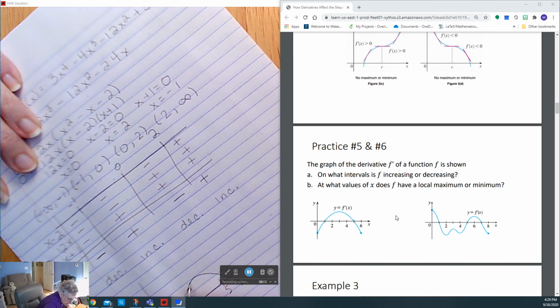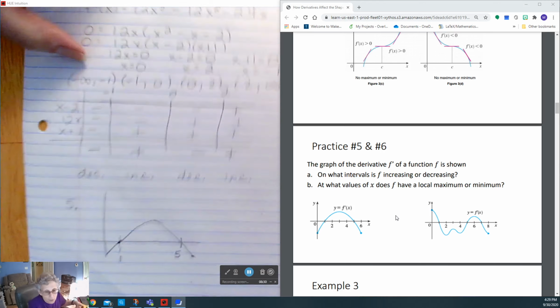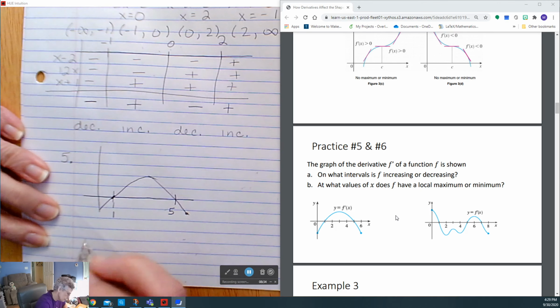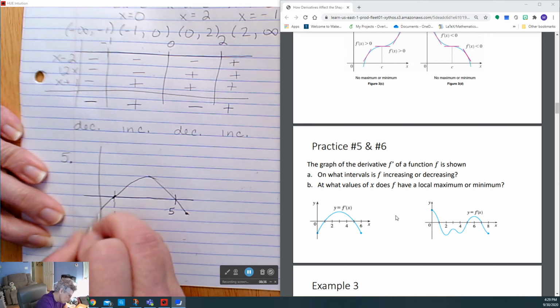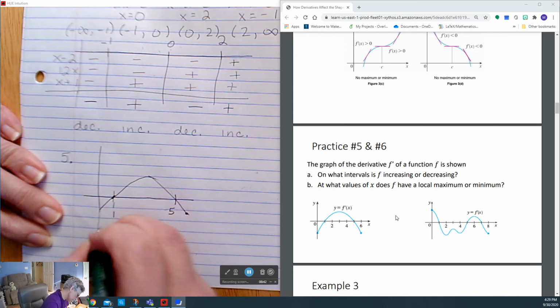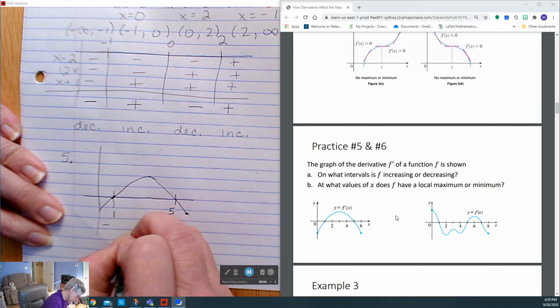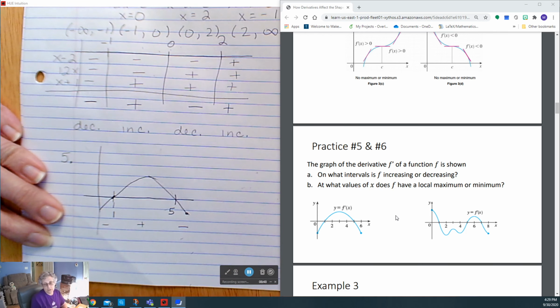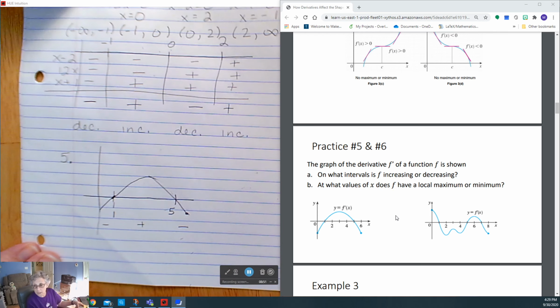This is 5. This is 1. Okay, so I could make a sign chart from my graph here, like some of you had to do for the acceleration and velocity problem on the last test. Negative, positive, negative. So my derivative is negative, then positive, then negative.